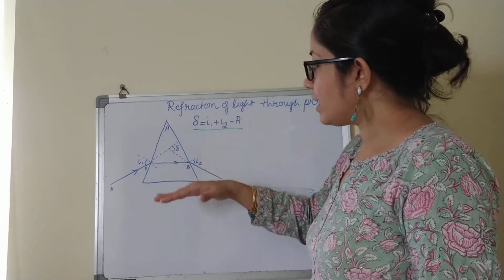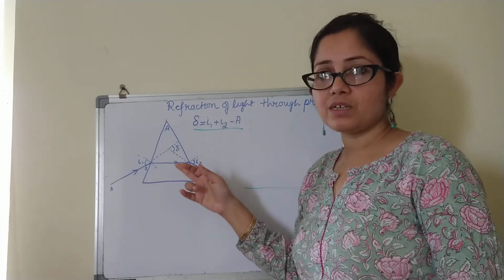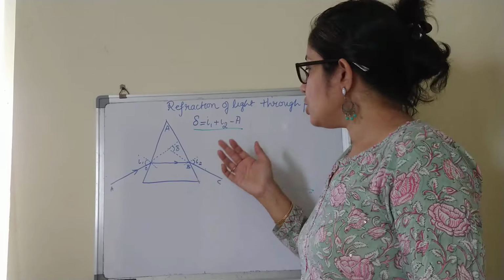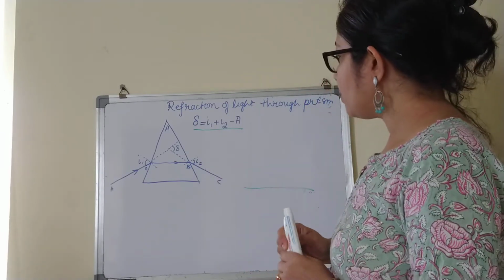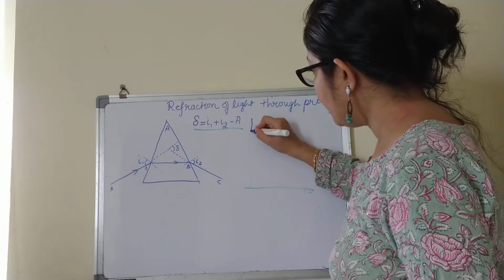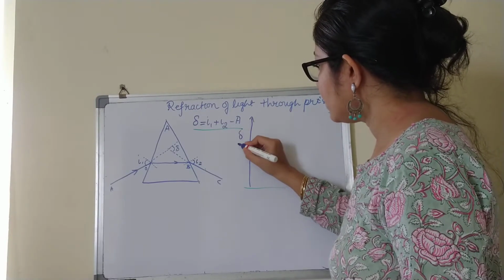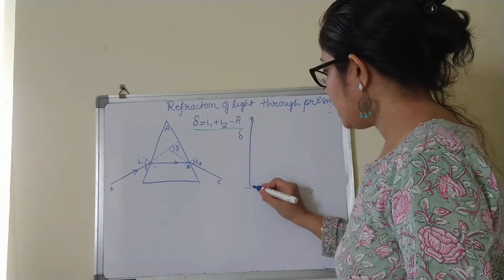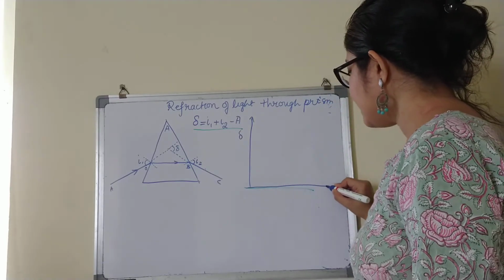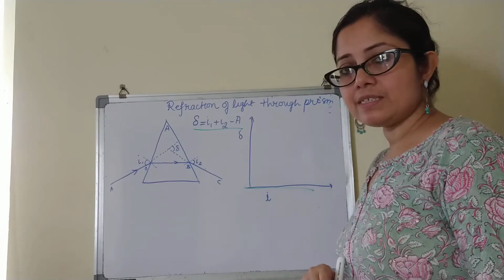So likewise, they have taken quite a few readings. Once you take quite a few readings and you measure the angle of deviation simultaneously, you will see how you can plot the graph. This is my y-axis, and on the y-axis I plot the angle of deviation. This is my x-axis, and here I plot the angle of incidence.